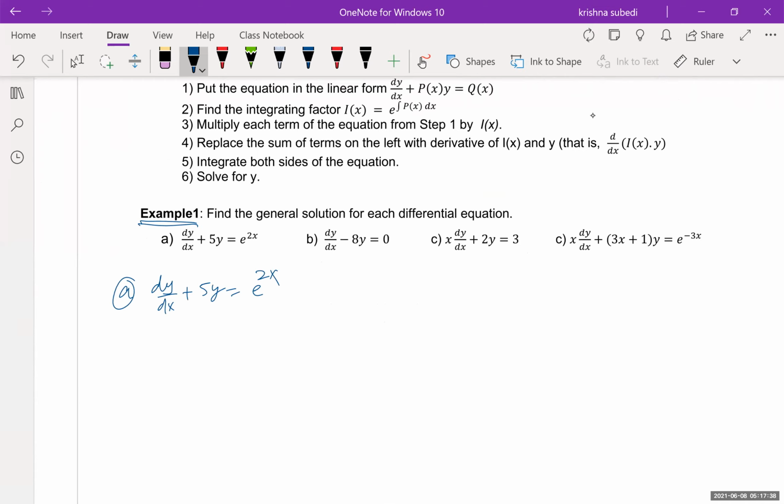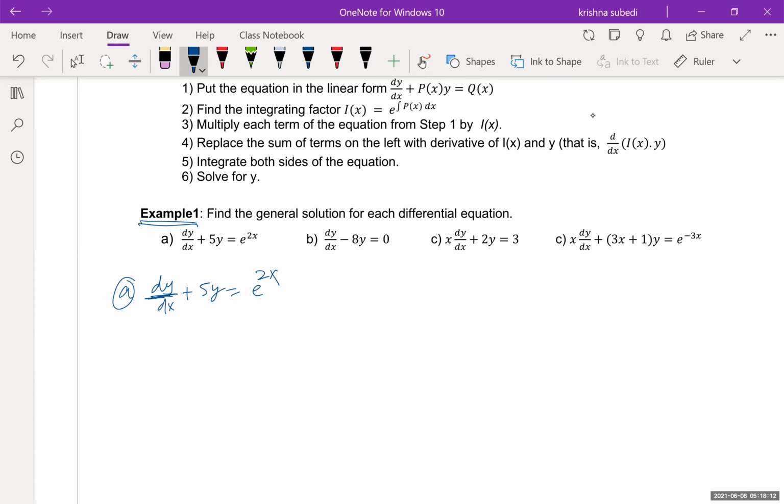In the previous section, it was pretty easy; we could easily separate x dx on one side and y dy on the other. But in this case, it's not that easy. x and y have such a relationship that they don't want to get separated, they want to stay together, and that's fine. We have a different technique to solve this differential equation.